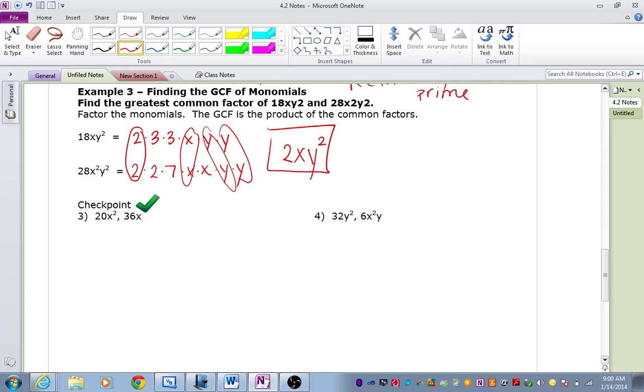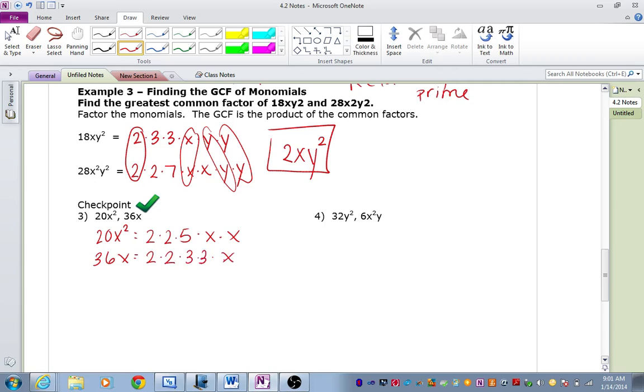So once again, pause the video, try numbers 3 and 4, and then hit play to see how you did. Okay, for number 3, 20x squared would be, let's see, 20 is 2 times 10, 10 is 2 times 5, and then we have 2 x's. 36x, 36 would be 2 times 18. 18 is 2 times 9. 9 is 3 times 3.